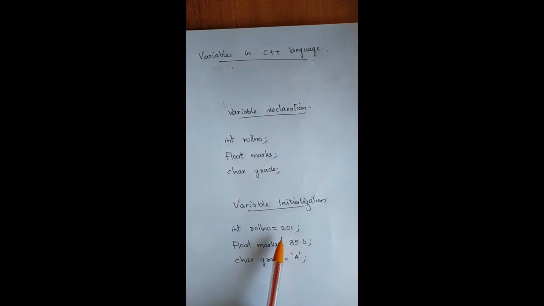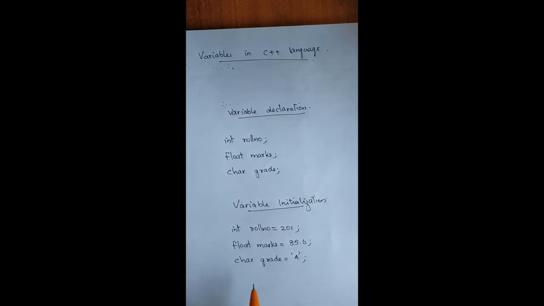Here 201 is the value of rollnumber, 85.6 is the value of marks, and A is the value of grade. Remember that a character value is always written in single quotes.